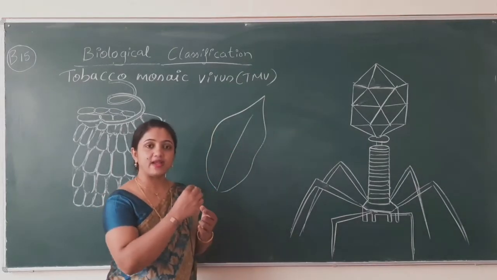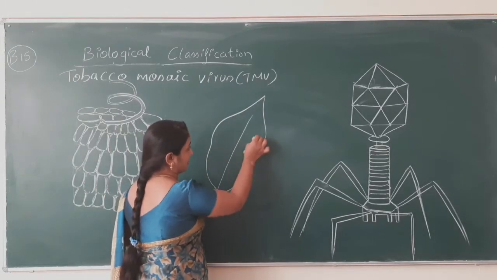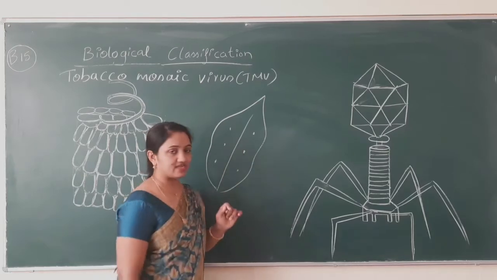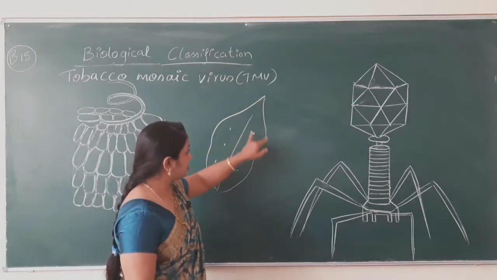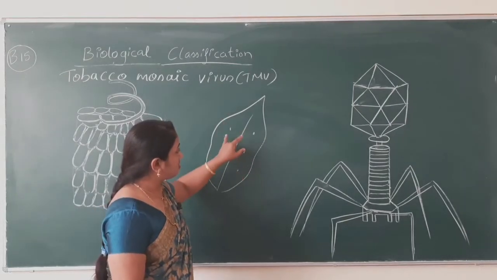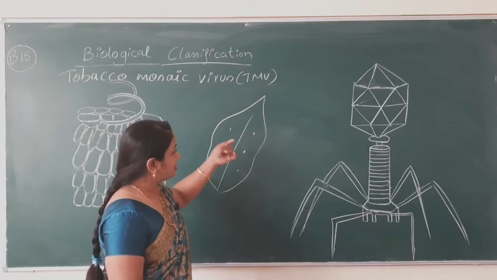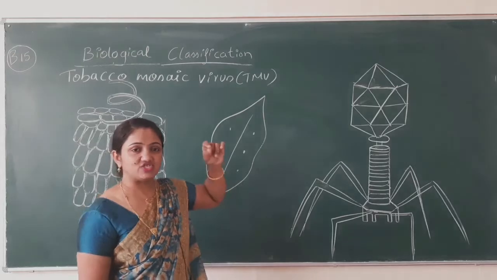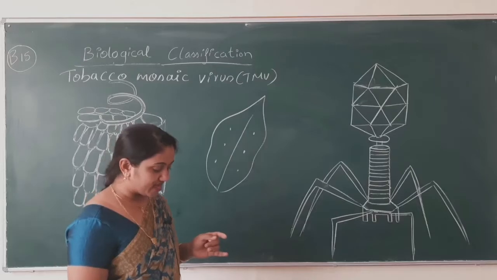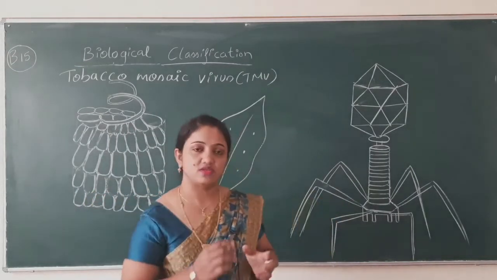When the leaf begins to arise, only then the virus starts infecting the leaves. How can we consider the tobacco plant or leaf to be infected by this virus? We can see mosaic, patchy patches on the surface of the leaf, so we can conclude yes, the plant has been infected by some virus.